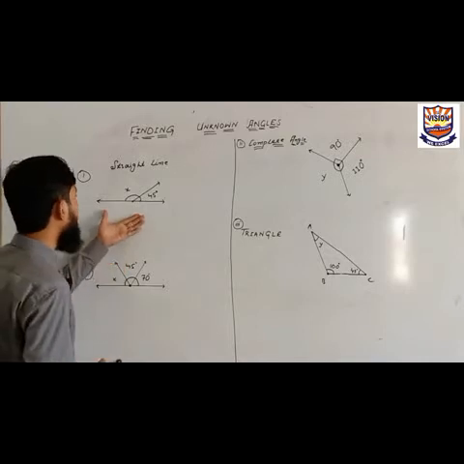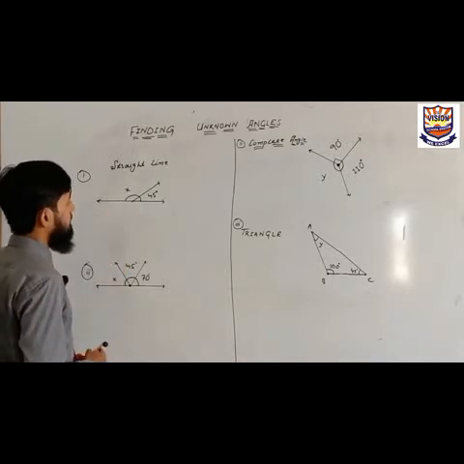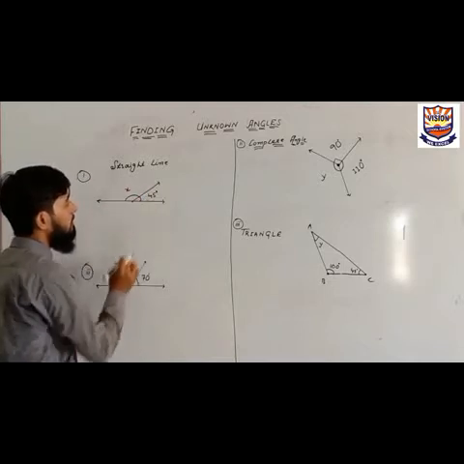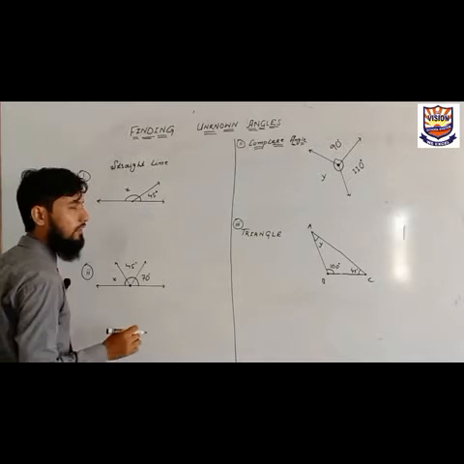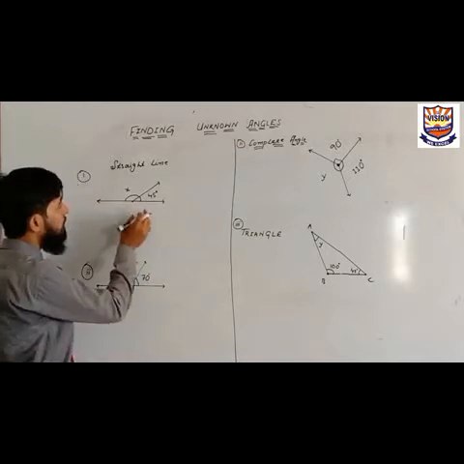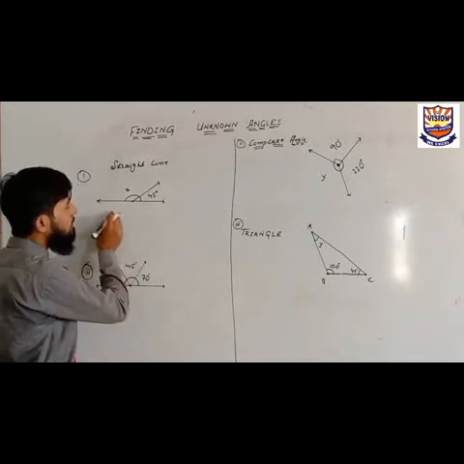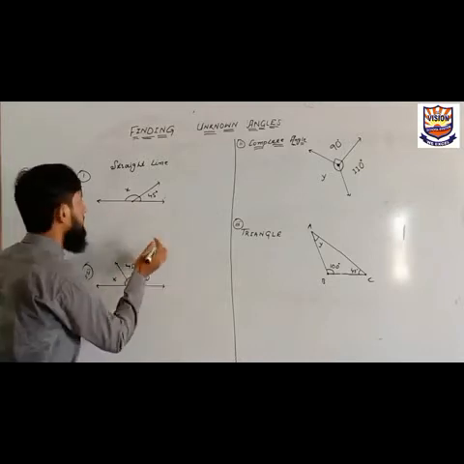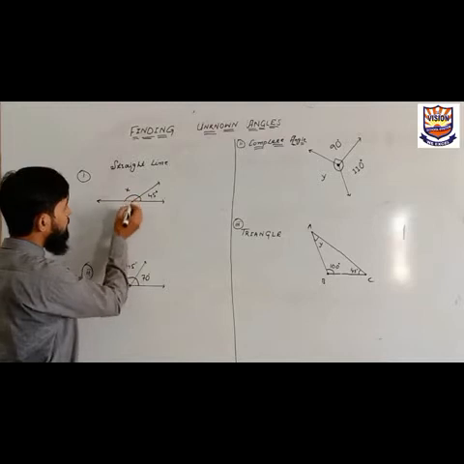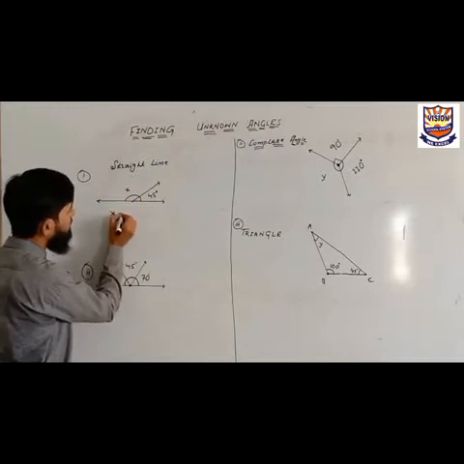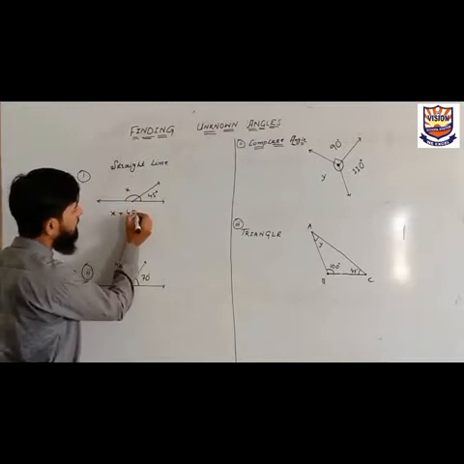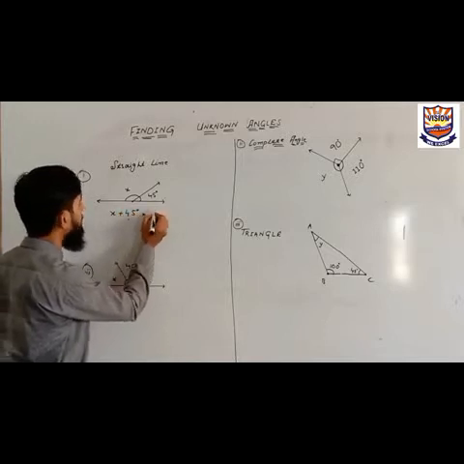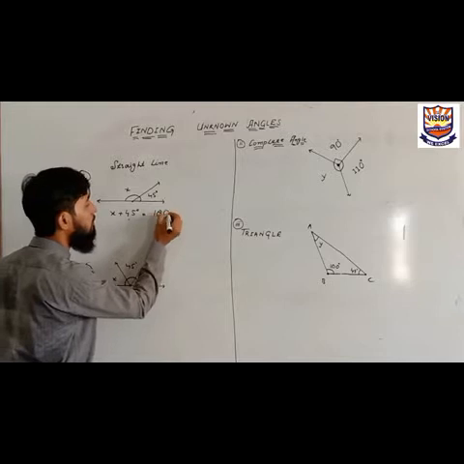This is a straight line and there are two angles, one of which is given, that is 45 degrees. We know that the sum of angles on a straight line is equal to 180 degrees. So x plus 45 degrees is equal to 180 degrees.